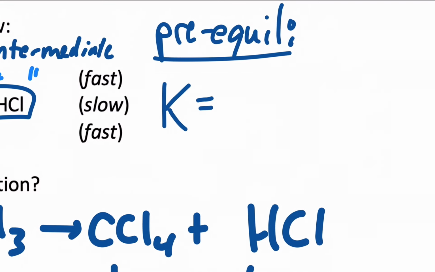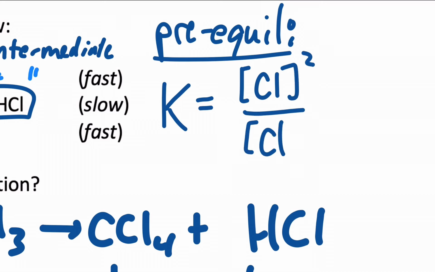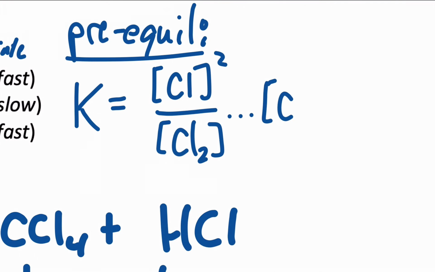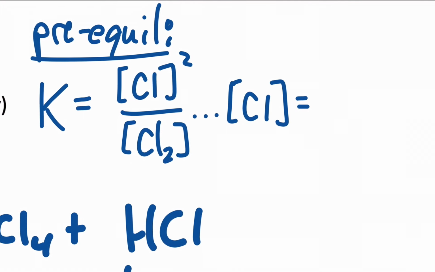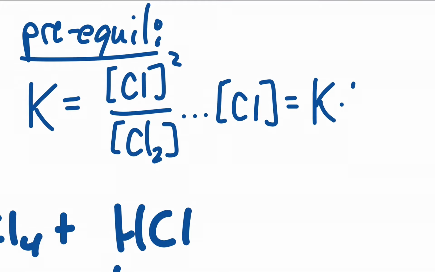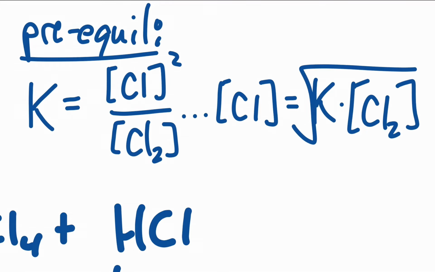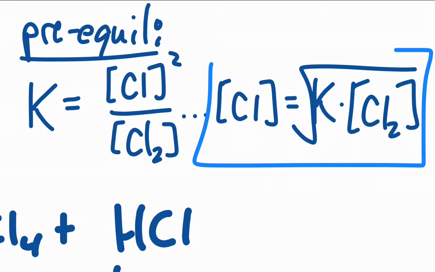So K is the chlorine atom concentration squared divided by the concentration of chlorine. That means the chlorine atom concentration is equal to the square root of K times the chlorine concentration. Now I have an expression for an intermediate in terms of a constant and a reactant.